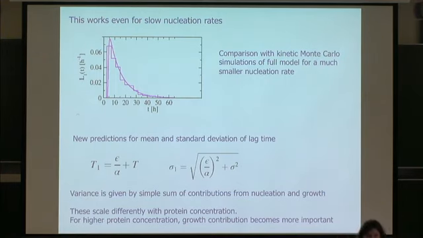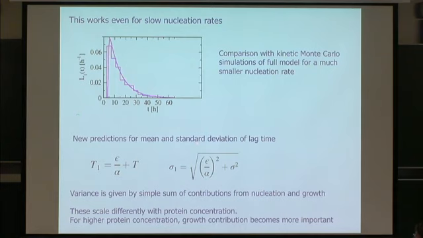And so that gives new predictions for the mean lag time, which is then the Poisson lag time mean plus the Van Kampen lag time mean, and also for the standard deviation of the lag time, which is the standard deviation of the Poisson process plus the standard deviation of the growth process.